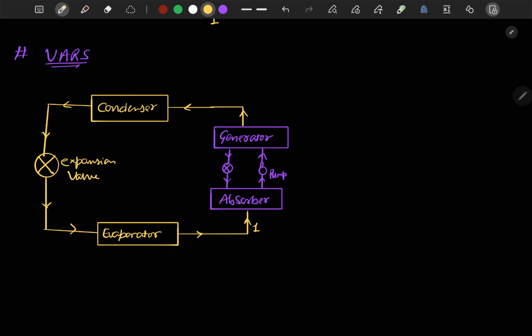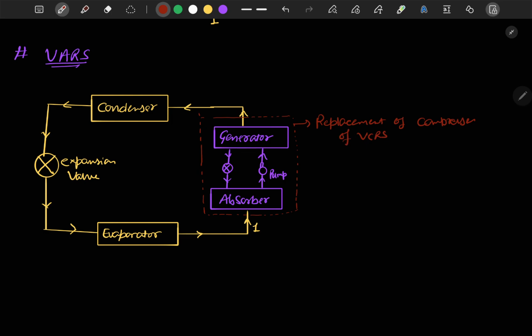So in the case of VARS, this system here is the replacement of the compressor of VCRS.